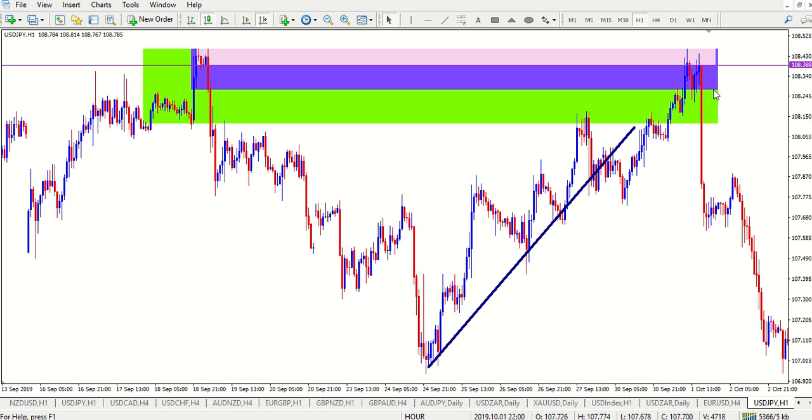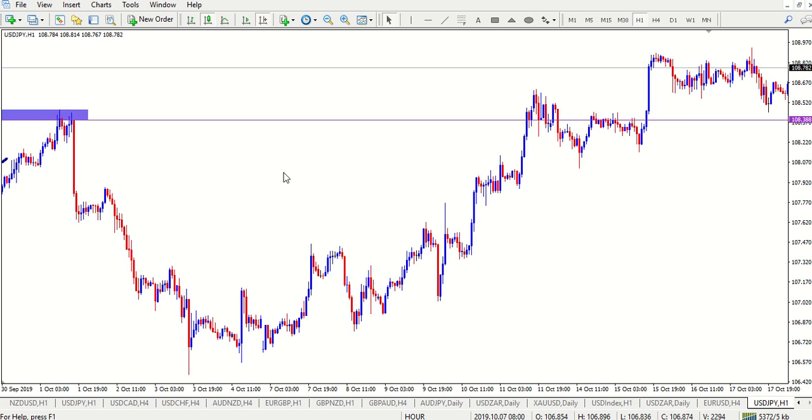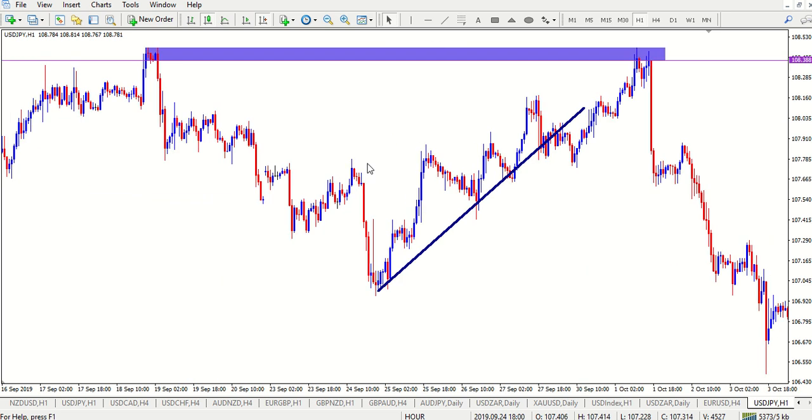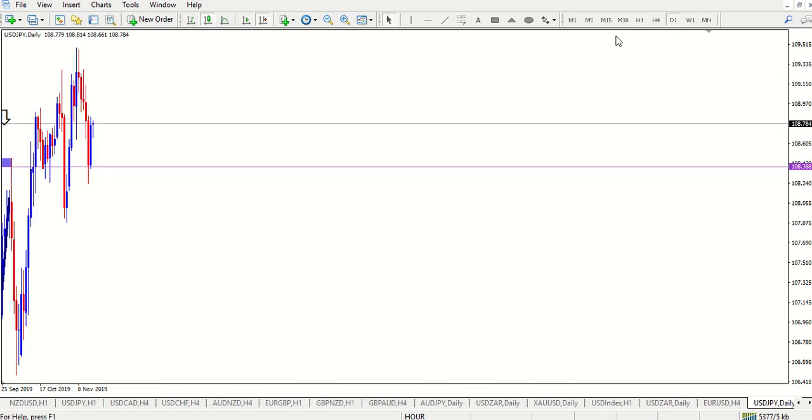And if I remove these two zones here and leave just the hourly zone, we can clearly see that price actually had a nice reaction to that hourly zone. And guess what? Money. So levels within levels exist, and normally when this happens, it's a key market reversal essentially. But in this case, it wasn't really a key market reversal.